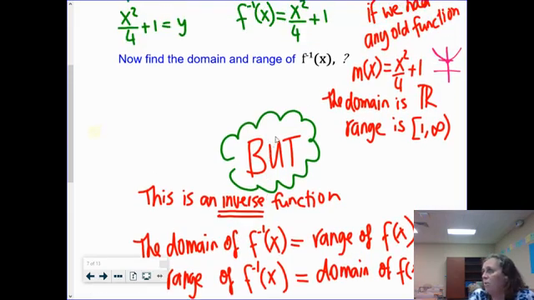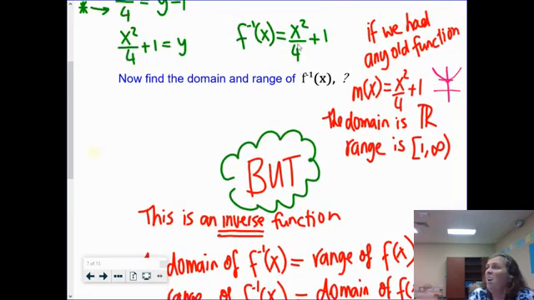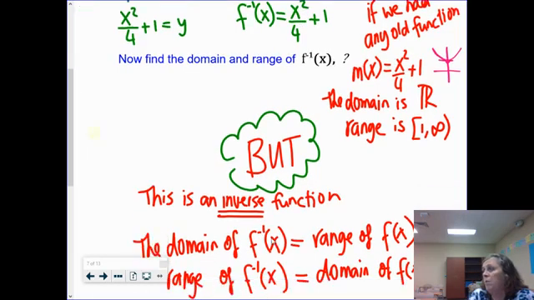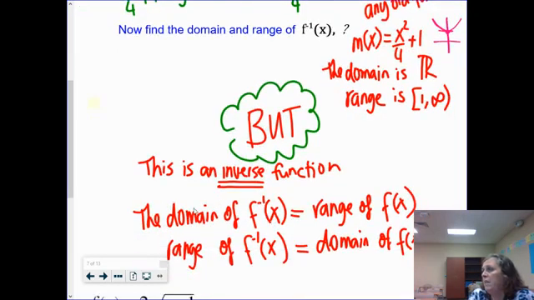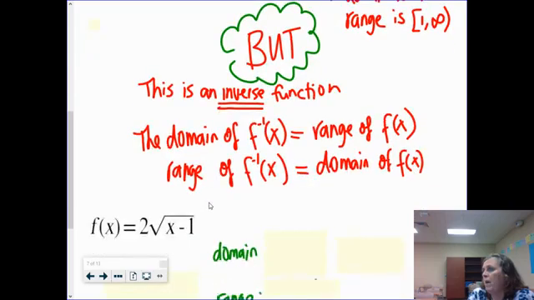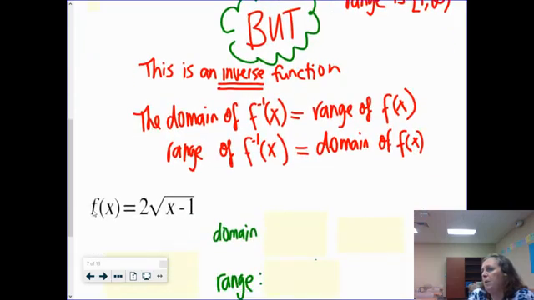You can't just look at your answer and say, oh, the domain is all real numbers. You can't look at that. You've got to say, right, let's look at my original function. What was this one's domain? Because the domain of f of x is going to become the range of our inverse function.